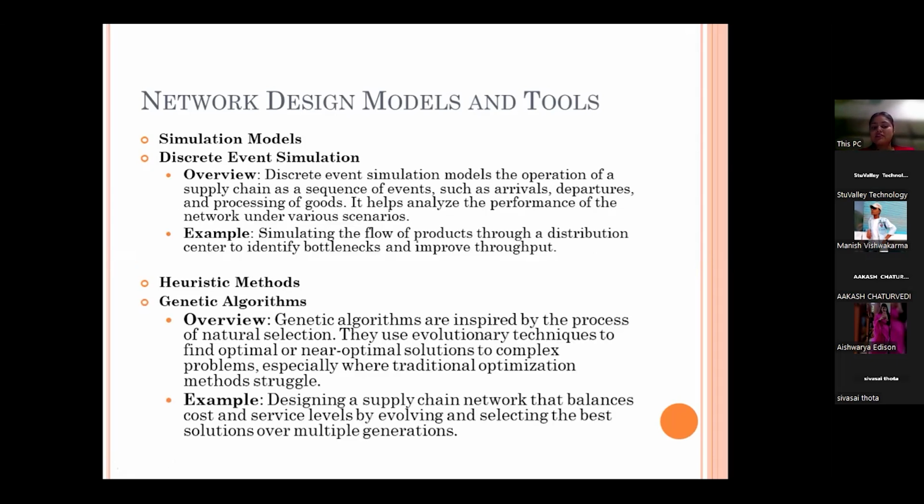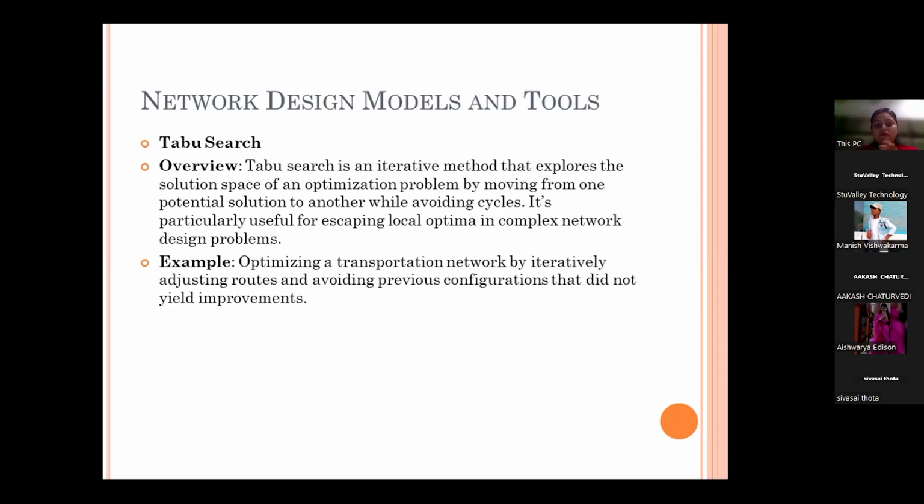It is an extension of genetic algorithms. It has different patterns or different scenarios, and we select the best one. Tabu search is an extension of the genetic algorithm, and this is also an iterative method, a never-ending loop.